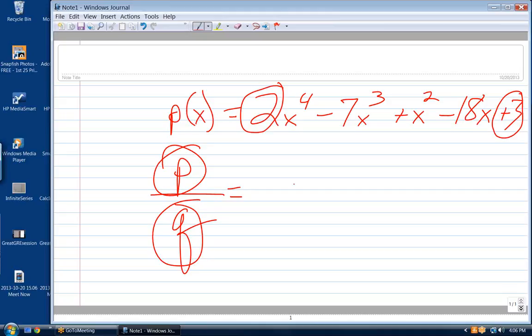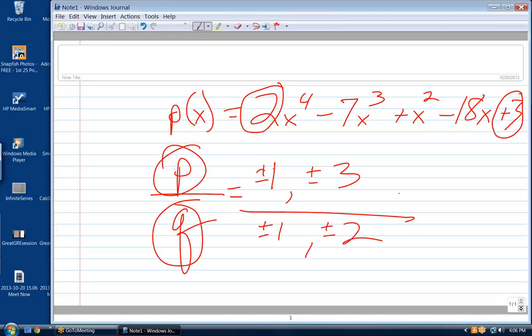It would tell me that my numerator has to be either 1 or 3, plus or minus 1 or plus or minus 3. Those are my 2 possibilities. And my denominator has to be plus or minus 1 or plus or minus 2, the factors of the coefficient of the x to the 4th.